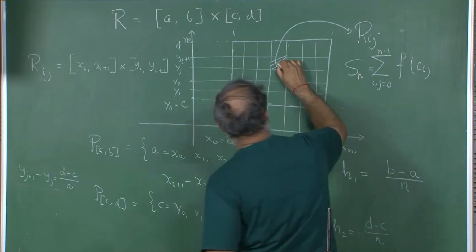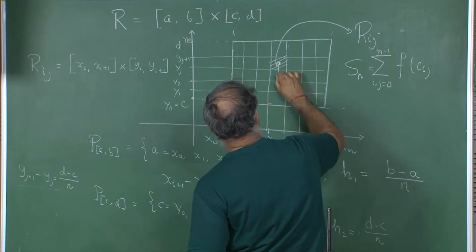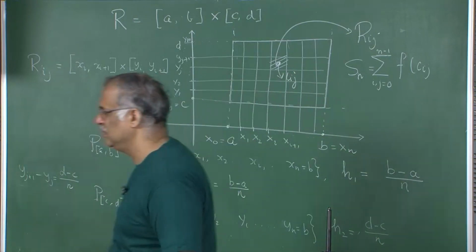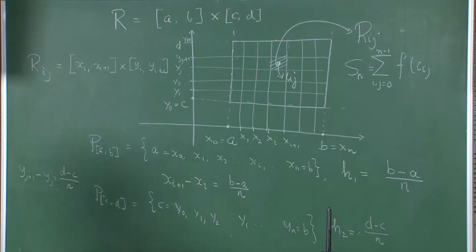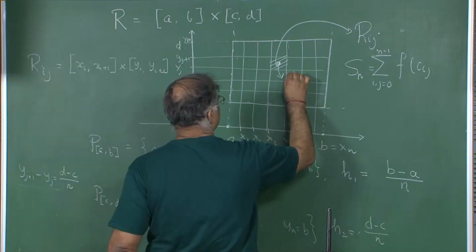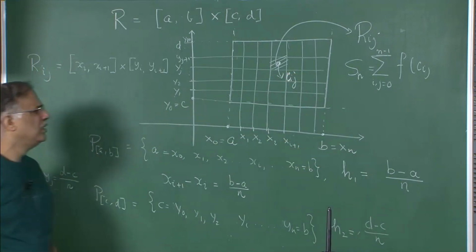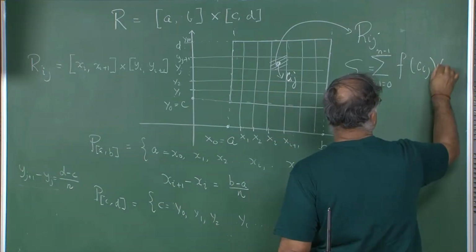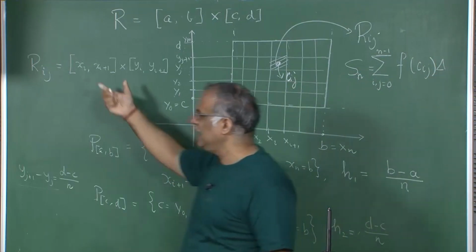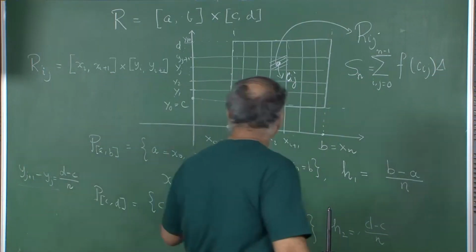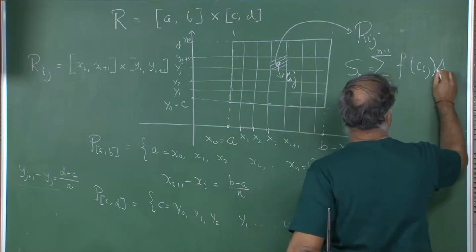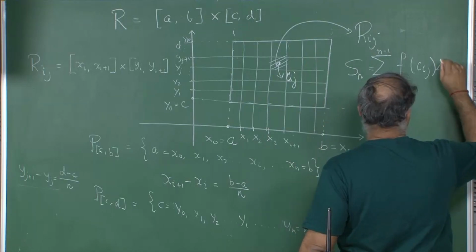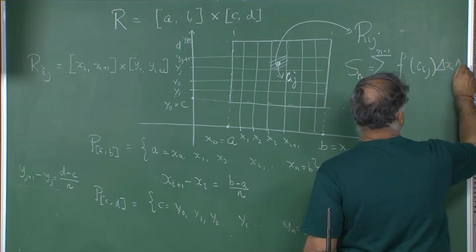So, Cij is some point here, like a matrix formation, that is all. So f of Cij into this area, that is delta xi into delta yj.